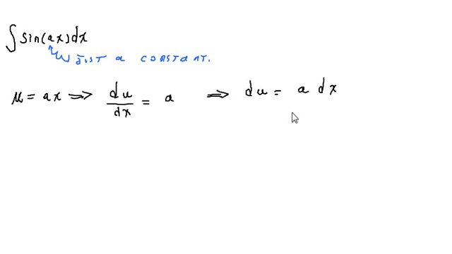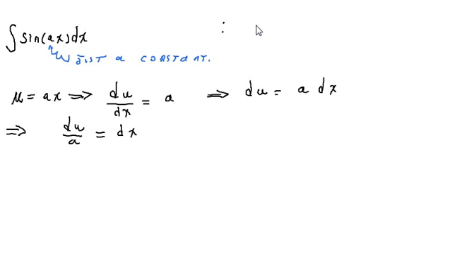All right, fantastic. Now I can divide both sides by a, so we get that du divided by a is equal to dx.